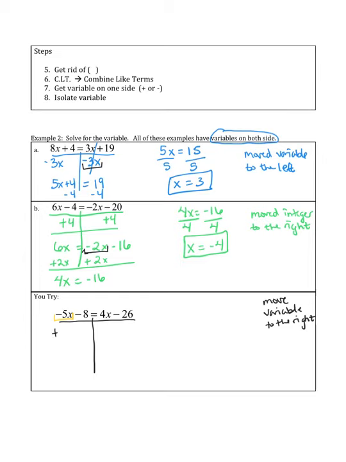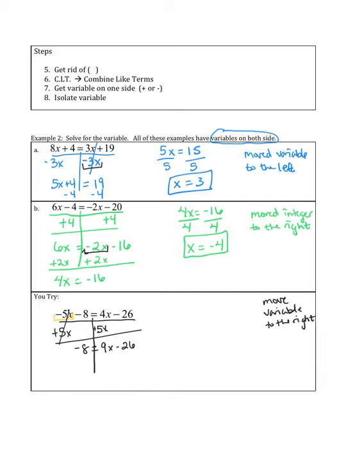So I'm going to add 5x to both sides. And I do want to line it up, because if I line it up nice and neat, it helps me remember what I'm doing. 5x. That's 0. I have negative 8 equals 9x minus 26.